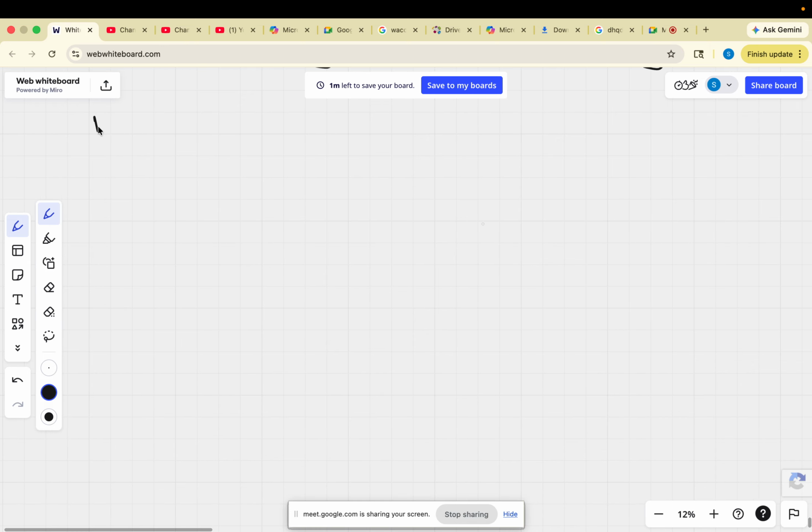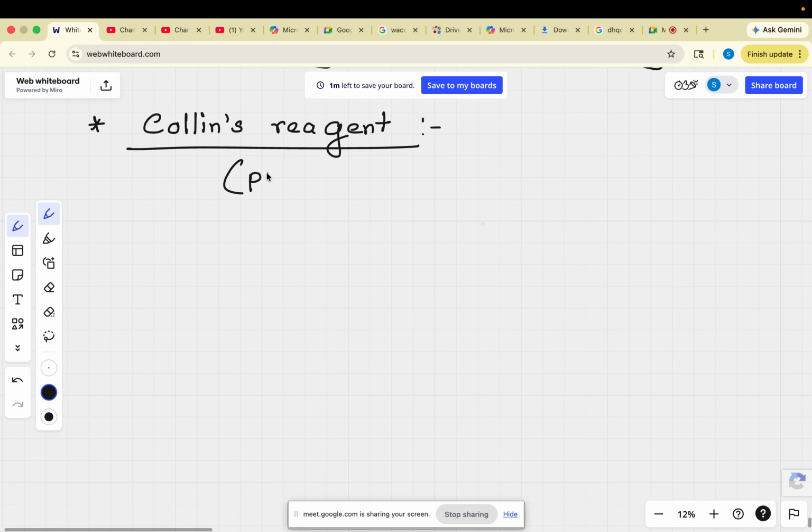Next we have Collins reagent. So what is Collins reagent? It is also a pyridine reagent: pyridine plus chromium trioxide plus DCM.